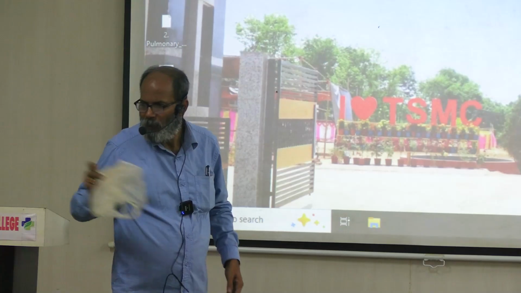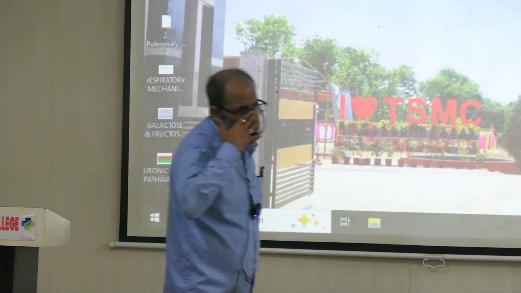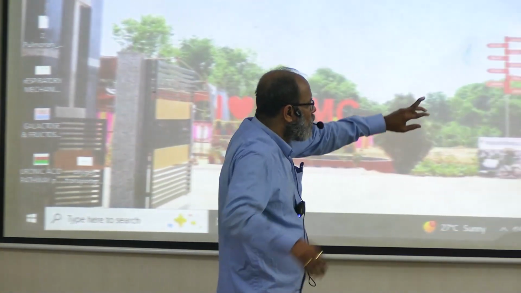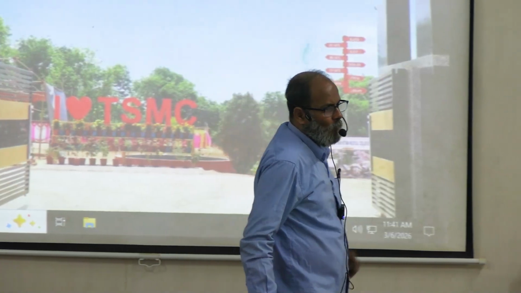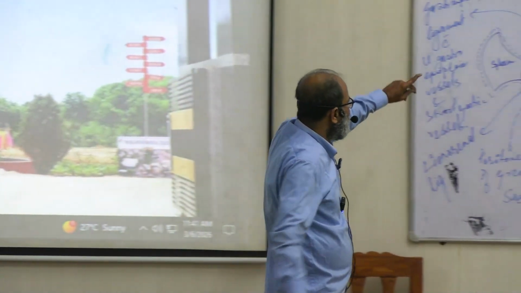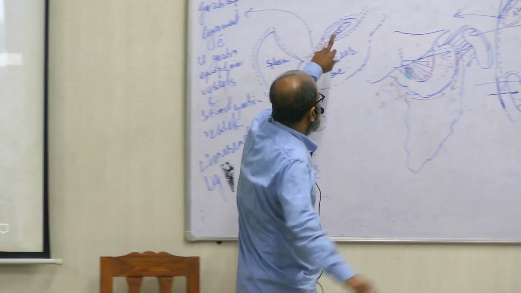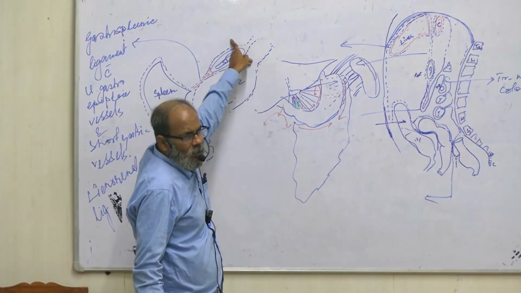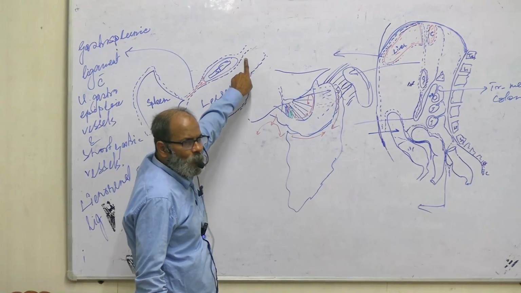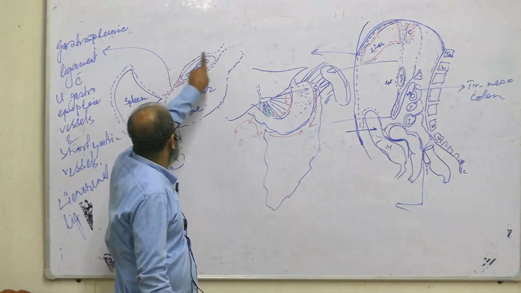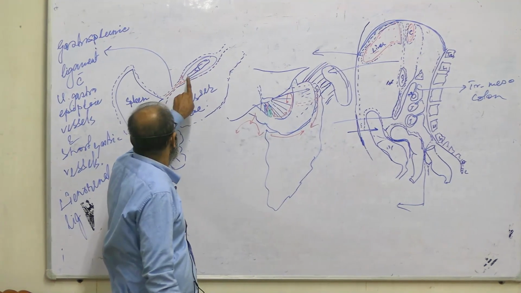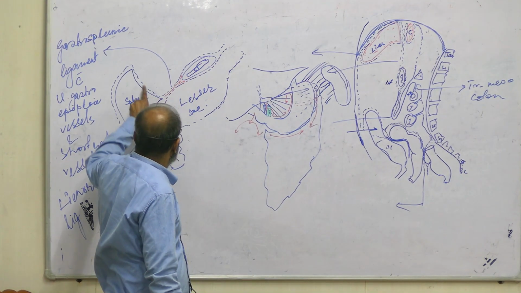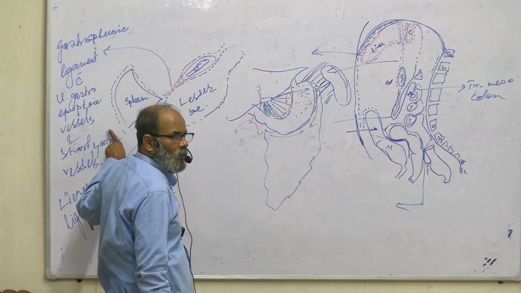If you try to understand how the gastrosplenic ligament is formed, you see this is the greater omentum. One layer is from the greater sac, one layer from the lesser sac. This covers the stomach, then goes to embrace the spleen.